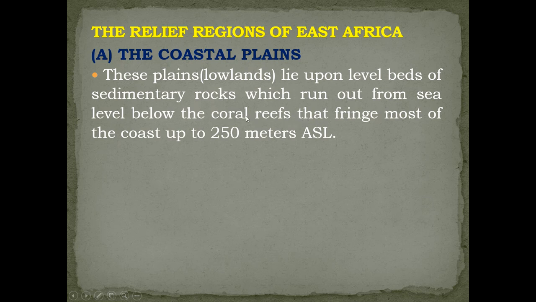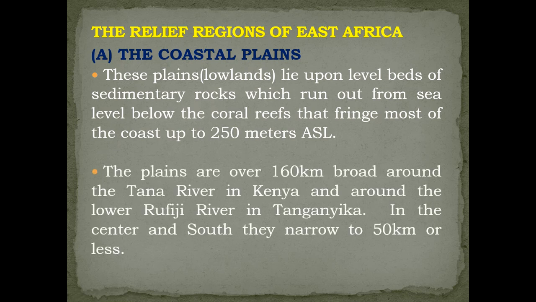So the land runs below the coast coral reefs from the water into the interior, or into the inside of East Africa, up to around 250 meters above sea level. So that land area is what we call the coastal plains. These plains extend about 160 kilometers wide in the southeastern part of Kenya.